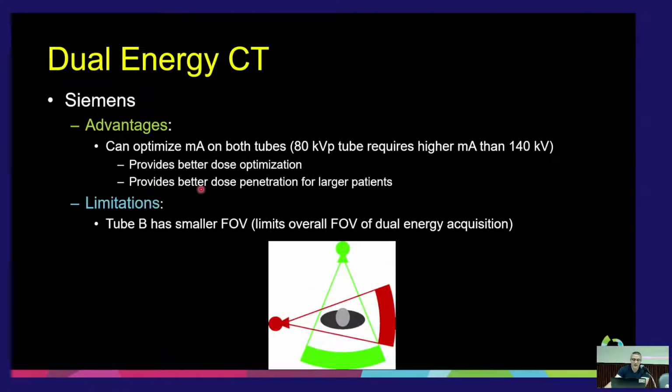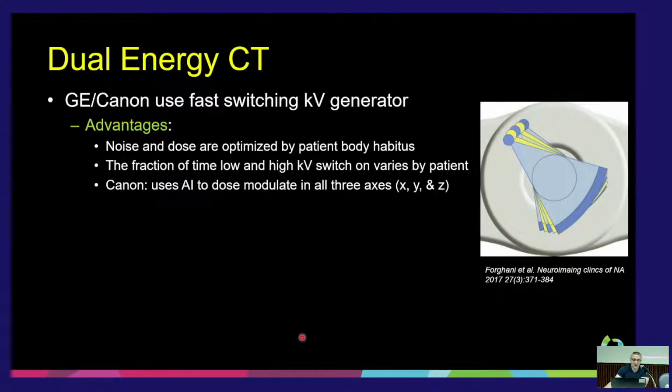The limitation, as I mentioned, is the smaller tube size and the scattering effects. The advantage with fast switching is that noise and dose are optimized by patient body habitus. Remember, we set the noise index for the single energy, say 120 kV, and then the system selects the right mA as it spins around.